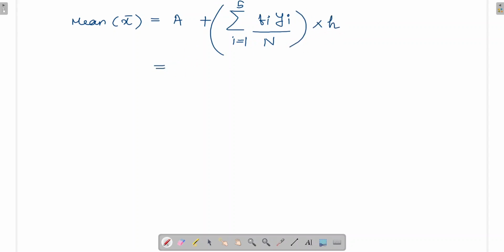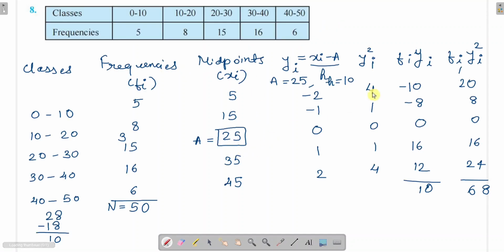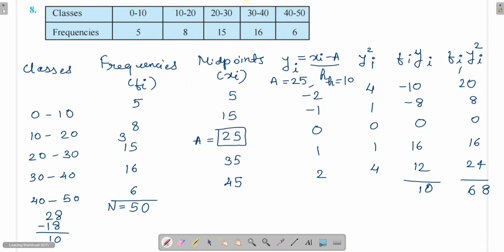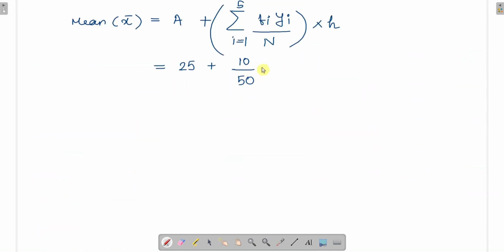Okay, so assumed mean is 25 plus summation of fi yi is 10 divided by N is 50 into h is 10. So that means 25 plus, 10 1s are 10, 10 5s are 50, 5 1s are 5, 5 2s are 10, so plus 2, which is equal to 27. Okay, so mean is 27.